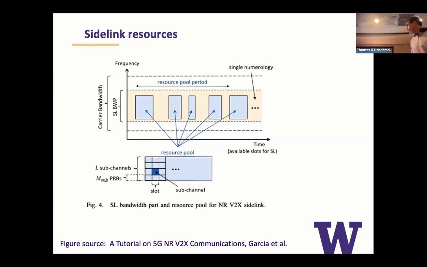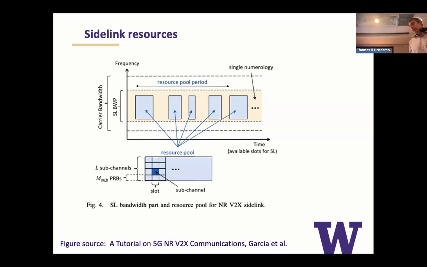But that's what the terminology means. And I'll go a little bit into more detail in the coming slides as to the specifics of what is in these resource pools. But if we look at it just from a time-frequency perspective, these resource pools are made up of slots in the time domain, and then what are called subchannels in the frequency domain. And the subchannels are basically collections of contiguous physical resource blocks.